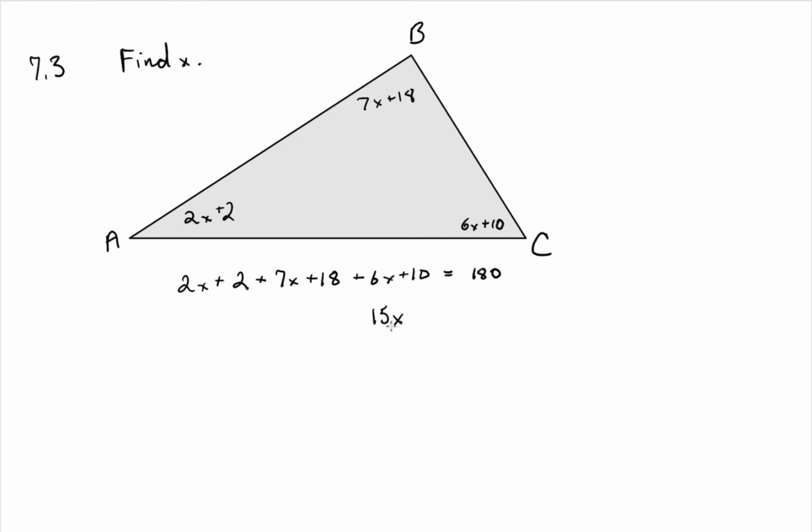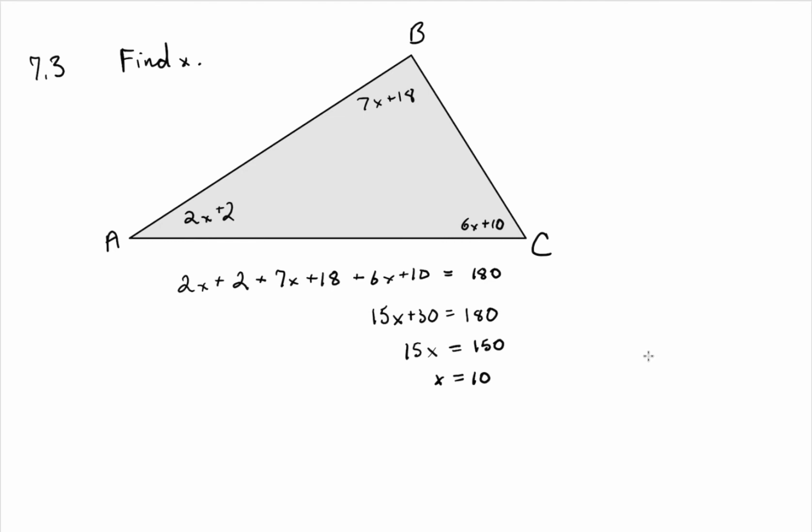So 15x. And then we have 2 and 18, that's 20, plus 10, that's 30. Now we're going to change sides, change signs. So it's 15x equals 180 minus 30, which is 150. X is equal to 10.